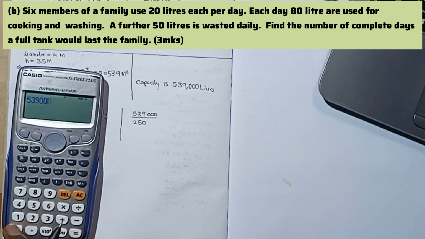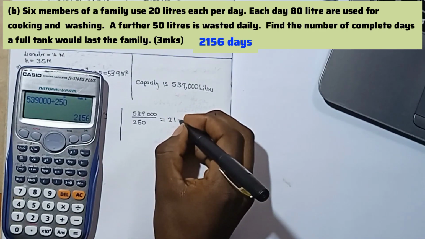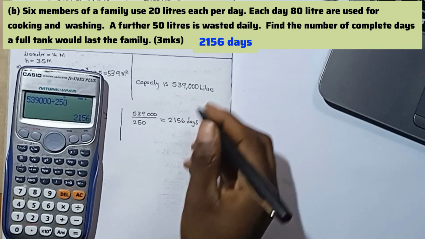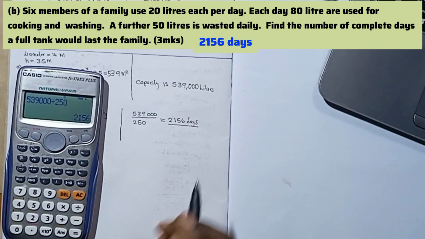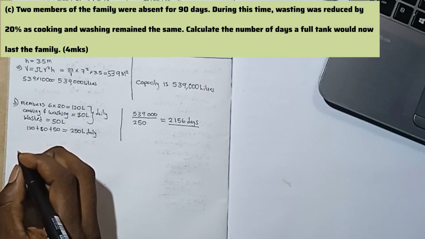So this equals 2,156 days. This is the number of days that a full tank will last to serve the whole family. Question number C.